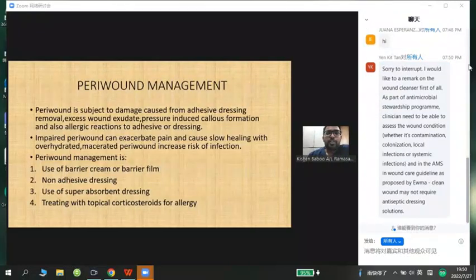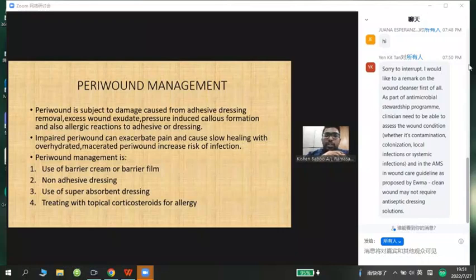Coming to your peri-wound management. The peri-wound is subject to damage caused by adhesive dressing removal, excess wound exudate, pressure-induced callus, and also allergic reactions to adhesives and dressings. I've personally seen a small number of patients who have allergic reactions to certain adhesives or dressings. That's why I always have about 2-3 types of adhesives.